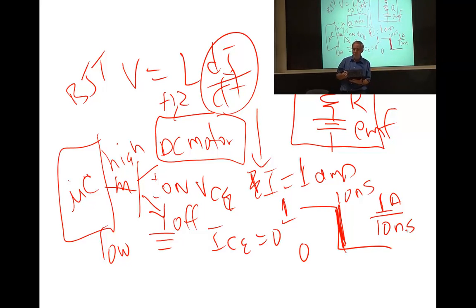That's very large. Multiply it by, say, a millihenry, which isn't that small. That's 10 to the minus 3, and nanoseconds are 10 to the minus 9, so di/dt is 10 to the plus 8.